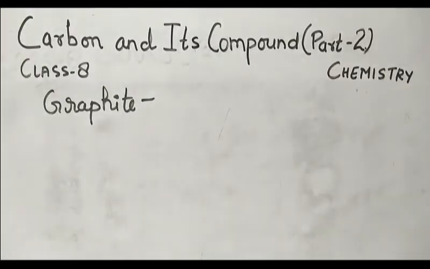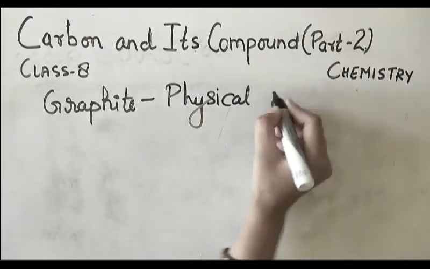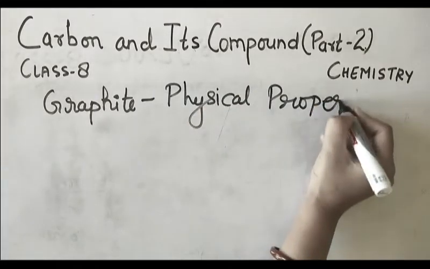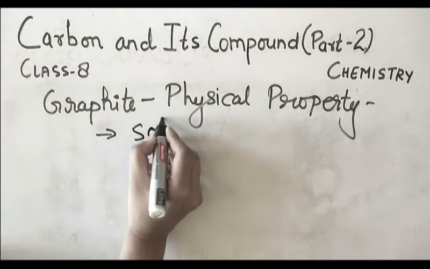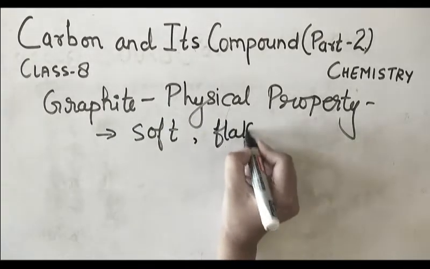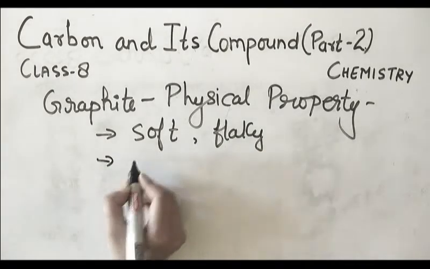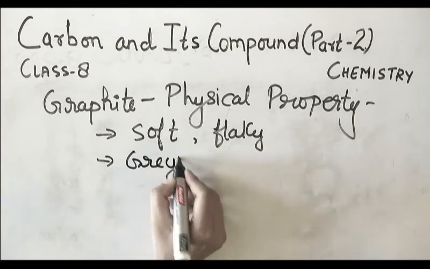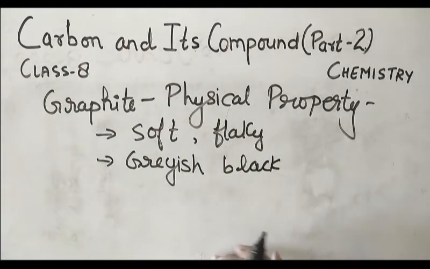Now let us see the physical properties of graphite. As I told you, diamond is the hardest substance, but graphite is soft as well as flaky. Its color is grayish black, and it is also lustrous.